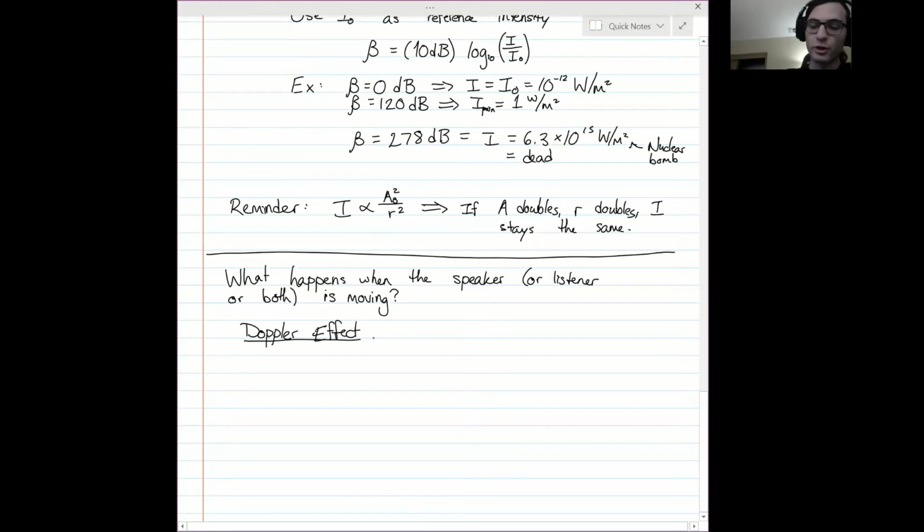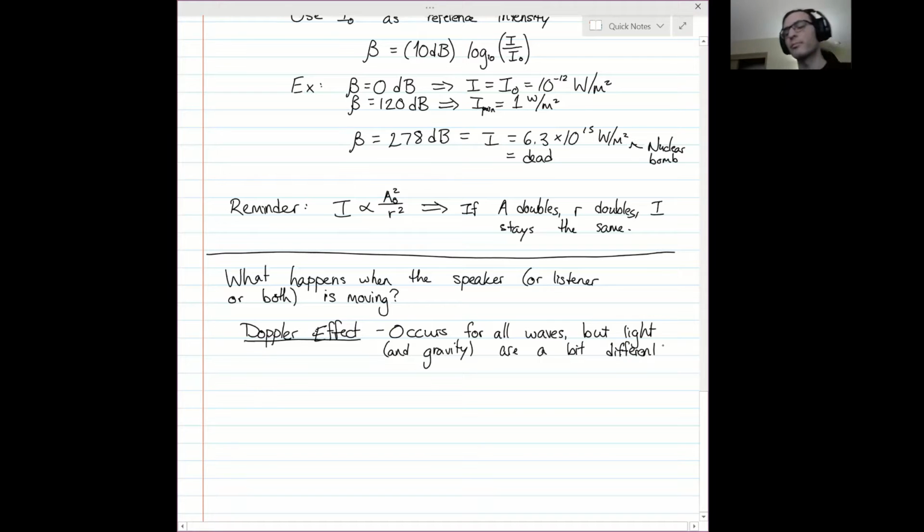So this type of effect occurs for all waves. But light and gravity are a bit different. So there is still a Doppler effect for light waves and gravitational waves.